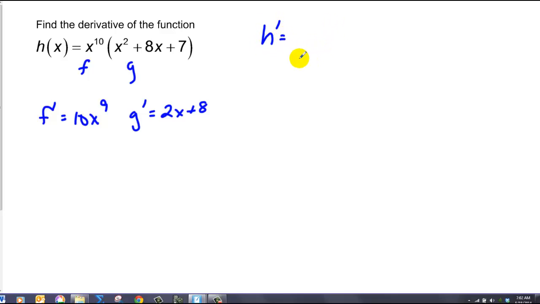I take the f function, multiply it by the derivative of the g function, then add that to the g function, plus the derivative of the f function.